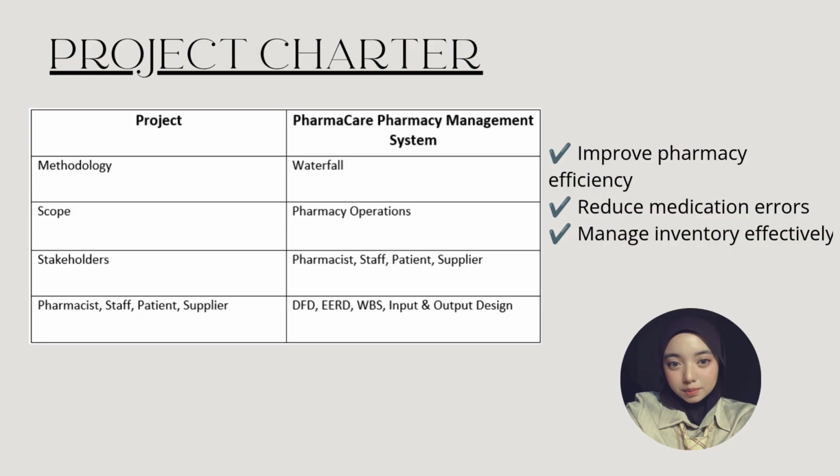Finally, the project deliverables include the system development methodology, project charter, work breakdown structure, Gantt chart, context diagram, data flow diagram, EERD, input design, output design, and the final project report.